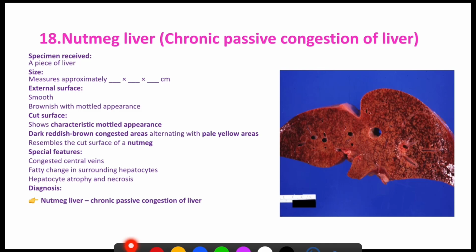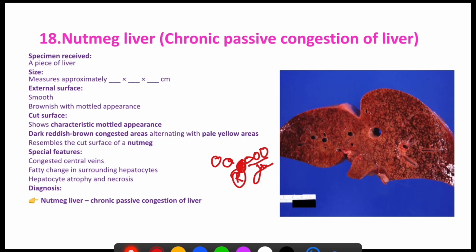Why does it look like this? Because of congestion. In microscopy, you see the congested central vein and the surrounding hepatocytes have fatty change. These give the yellow appearance, and this is the red color appearance, so red and yellow alternating areas.